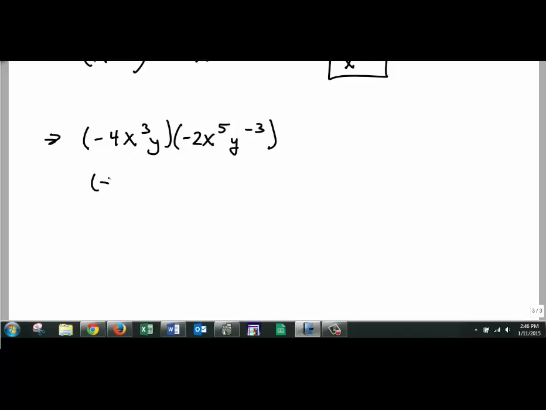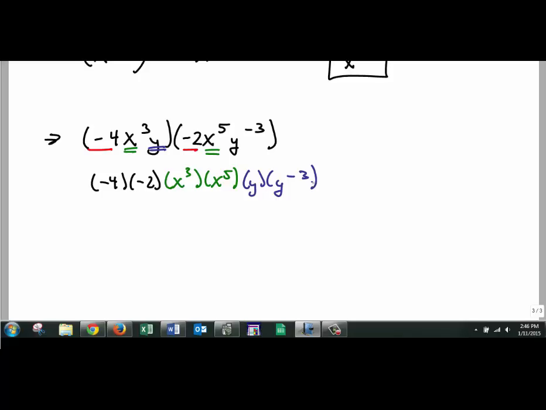So here are my coefficients. Here's the negative 4 and the negative 2. Then I could look at my x's. So this would be x cubed times x to the 5th. And then I could group my y's. So here I have just a y and a y to the negative 3. So if I group my like terms, coefficients and variables, these are a lot easier to work.